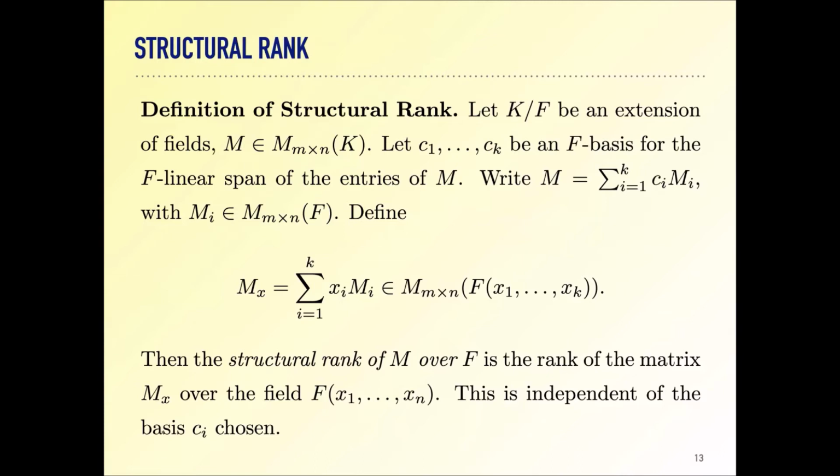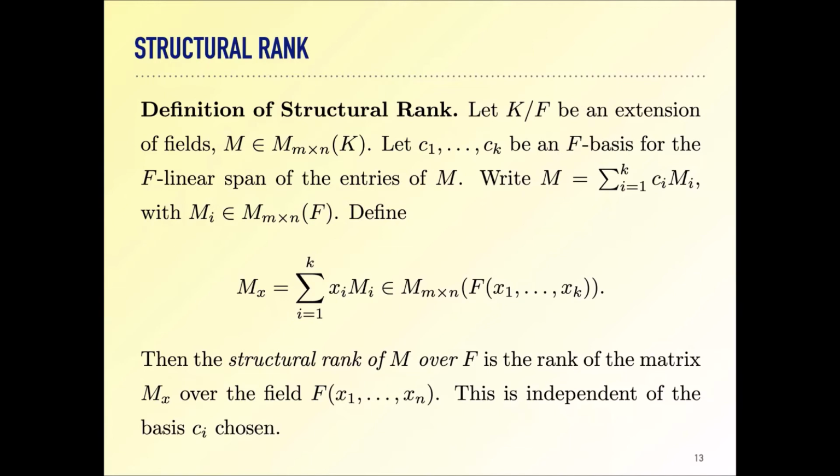Then I can write M as a linear combination of these basis elements where the coefficients are m by n matrices over the ground field, the smaller field F. And then I replace these linearly independent elements c_i, which are in my bigger field, K, by formal variables, by algebraically independent variables over F, which I call x_i.